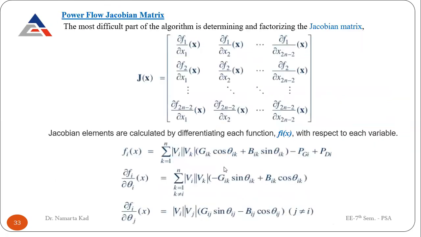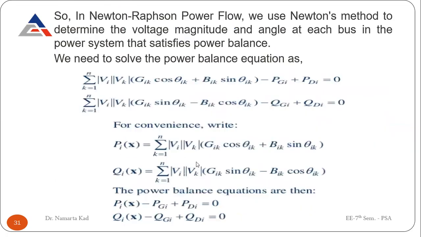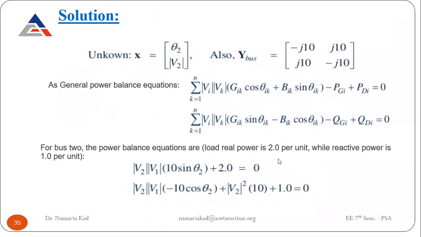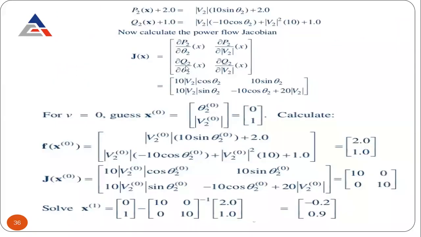See here, we have represented this part with x function, this with x function, and the rest remain the same. But here we have written this complete equation, and for this equation, this part is P2x and this part is Q2x. So P2x plus 2 and Q2x plus 1 are equal to this.